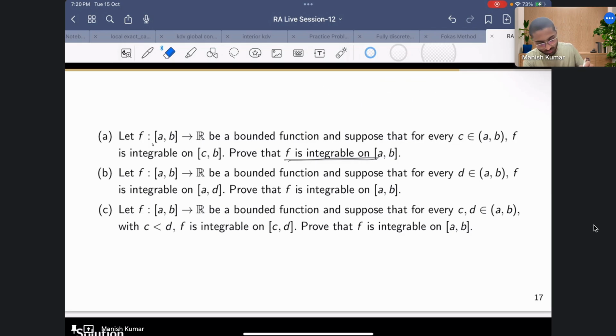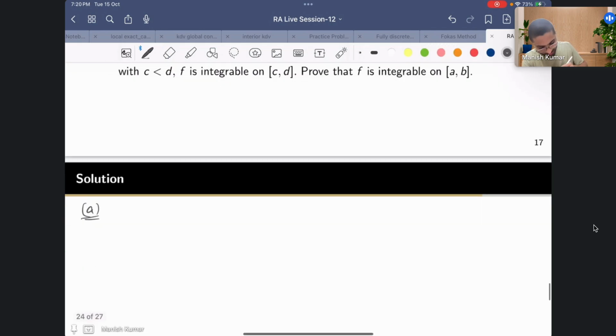So now to prove that, we'll first choose an epsilon. Let epsilon greater than 0 be any real number.